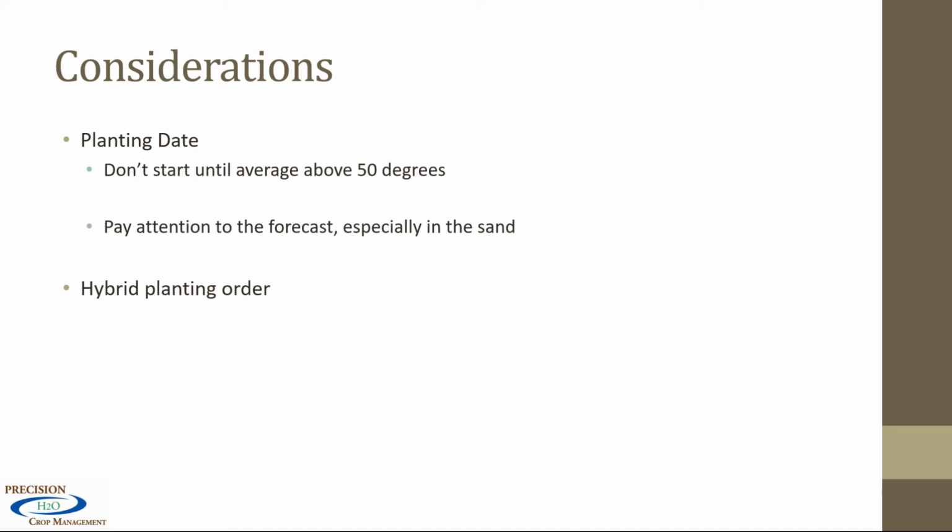Silt loam soil, it's a lot different. There's a lot more buffering capacity for temperature in a silt loam or a soil with higher clay or silt content. So just be looking at that and pay attention to that forecast, especially in the sand, because the soil temperature in the sand is reflective of what the air temperature is. So pay attention to that.